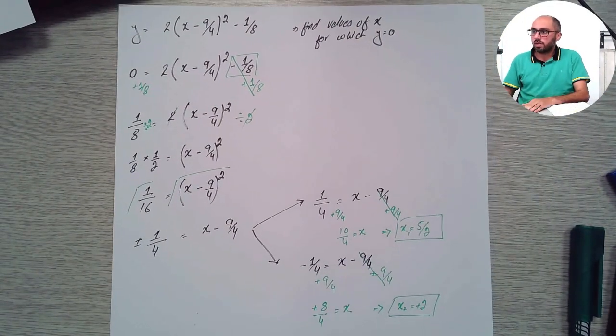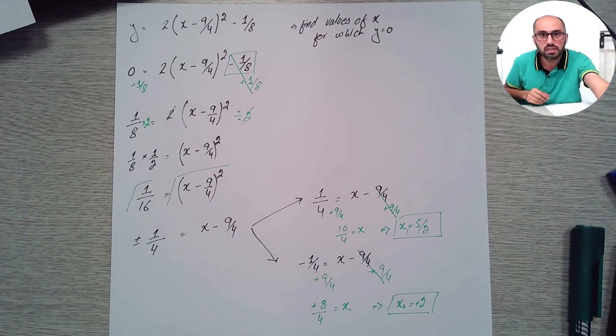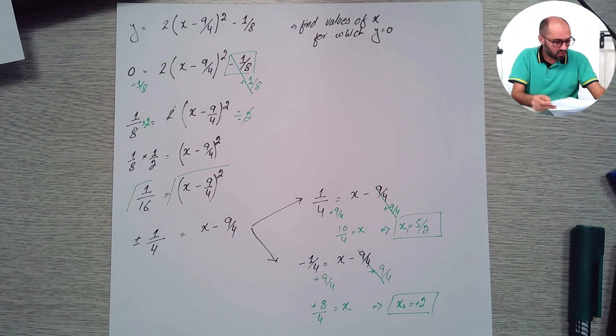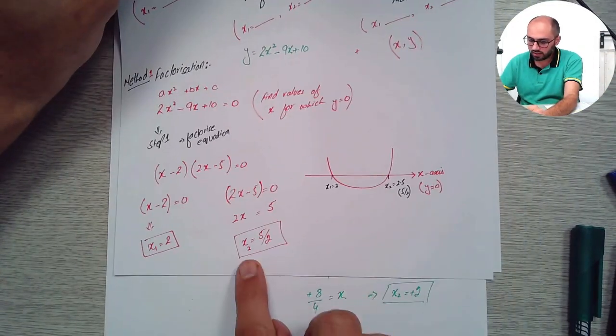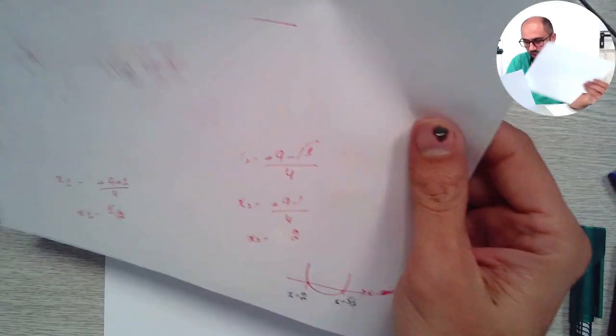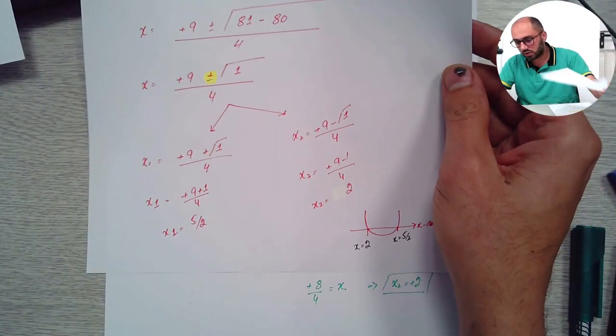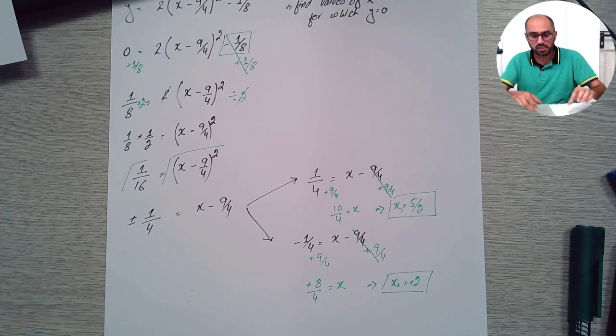Although this time I used a different method, my answer is exactly the same. You can see the first time when we used the factorization method, answers were the same, 2 and 5 over 2. When we used the quadratic formula, our answers were the same, 2 and 5 over 2. So regardless of the method that you use, your answer will always be the same.